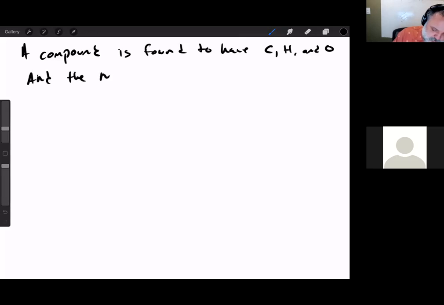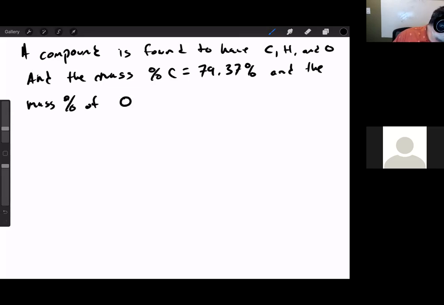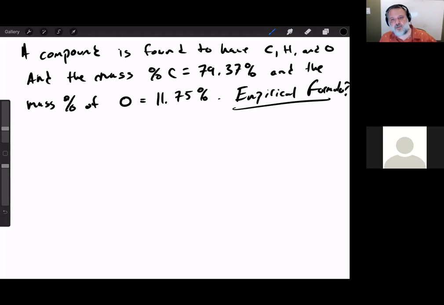And the mass percent carbon equals 79.37%, and the mass percent of oxygen equals 11.75%. What is the empirical formula? Okay.